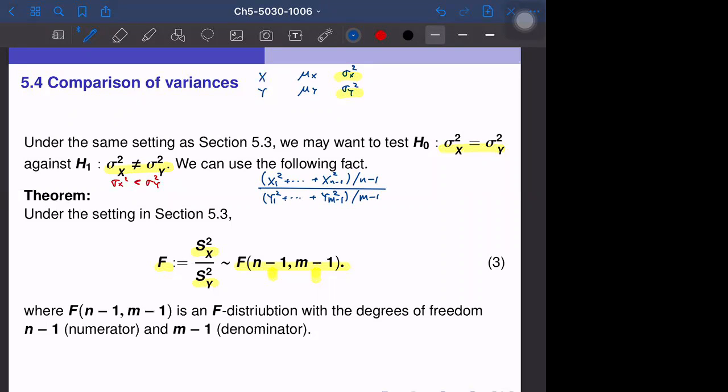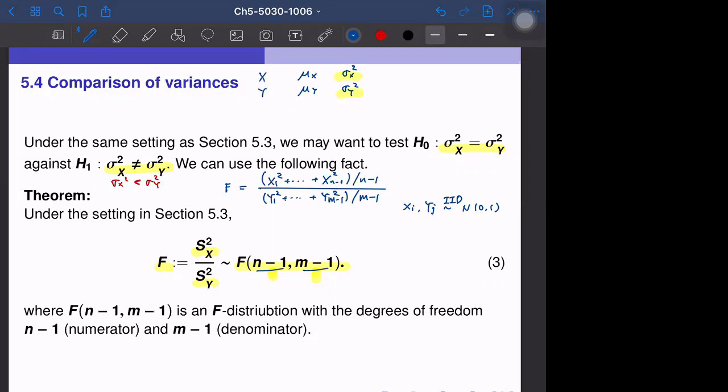Here, the xi's and yj's are all standard normal random variables and independent. Then this random variable F is defined as the F random variable with degrees of freedom n-1 and m-1.